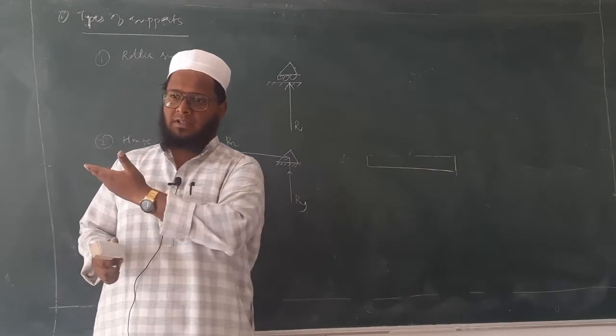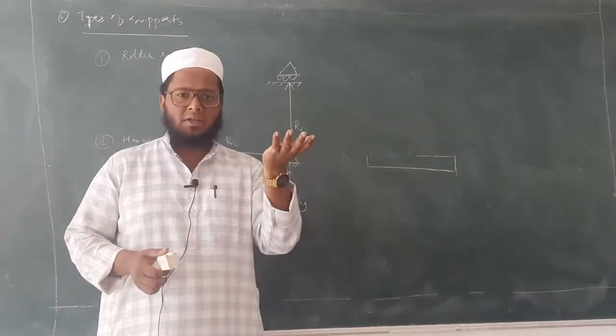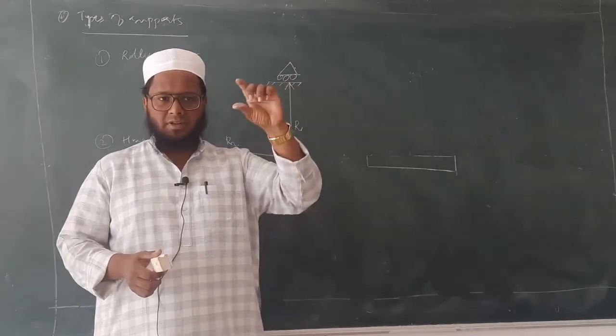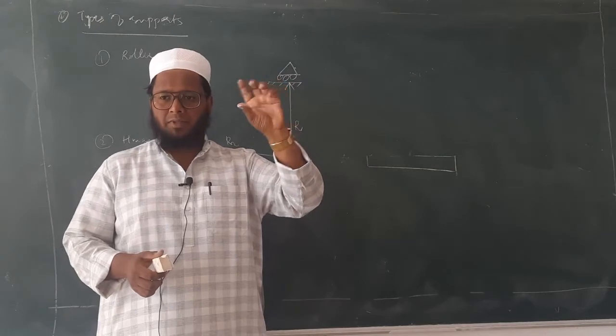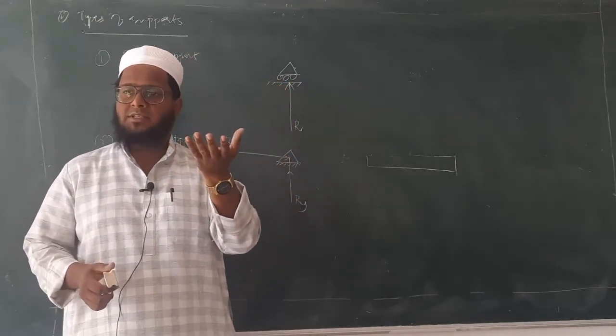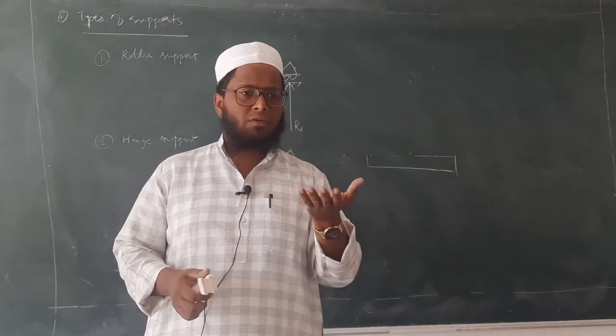You might have seen in bridges also, they have a ball and socket joint below the deck and above the pier. That means the support is allowed to move.